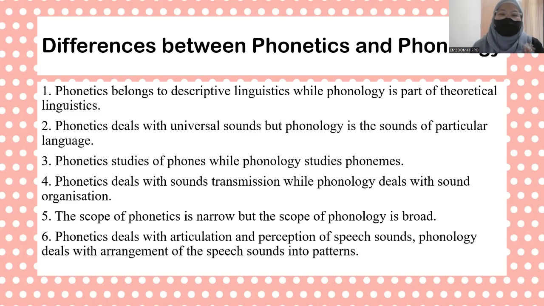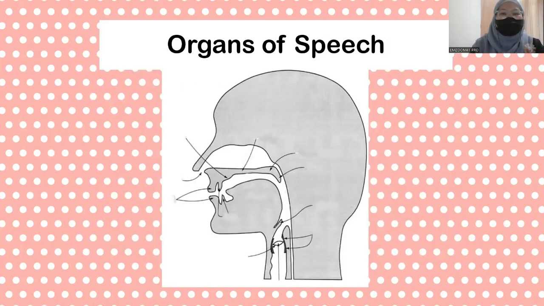Phonetics deals with sound transmission, while phonology deals with sound organization. The scope of phonetics is narrow, but the scope of phonology is broad. Phonetics deals with articulation and perception of speech sound. Phonology deals with the arrangement of speech sounds into patterns such as diphthongs, triphthongs, and minimal pairs, and you will learn more details next semester.